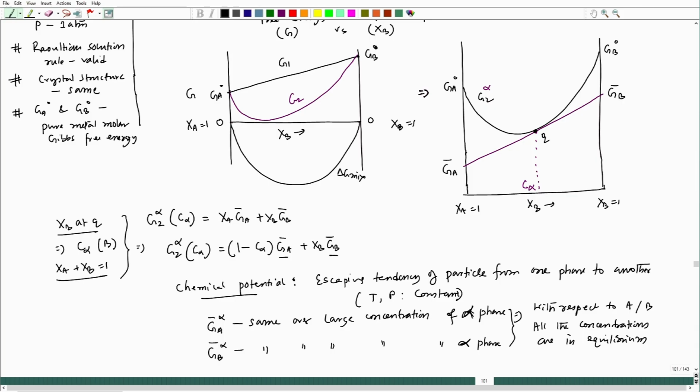Now, if I consider any point on this tangent, this point, this point, any point, I see that at all the points the partial quantities of the chemical potential, GA bar and GB bar, are the same. All the concentrations, if you keep them side by side, will be in equilibrium at constant temperature and pressure.